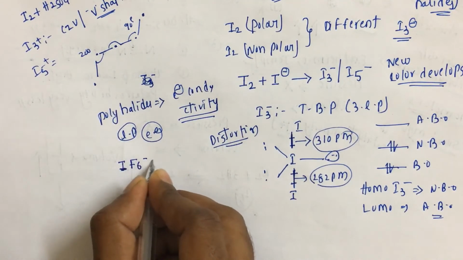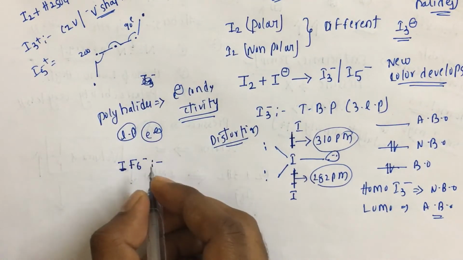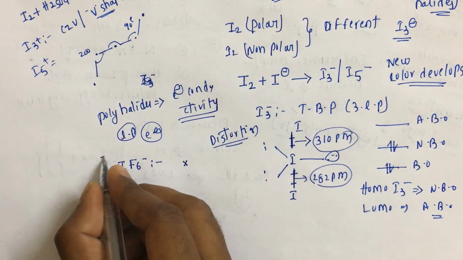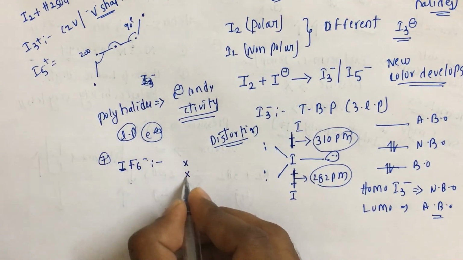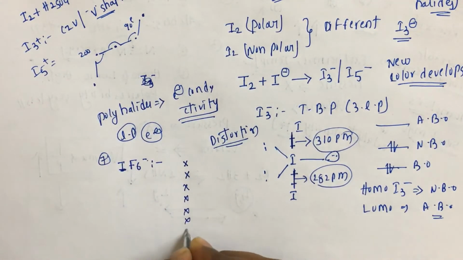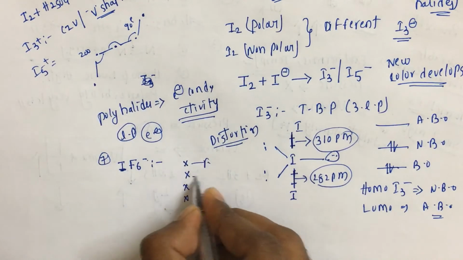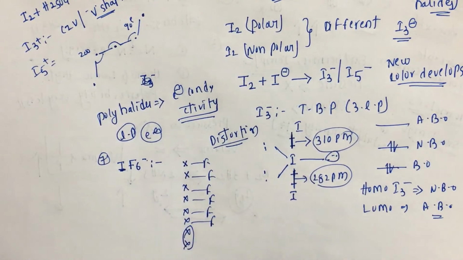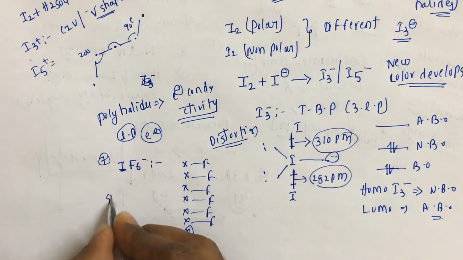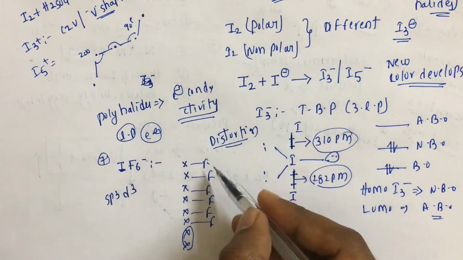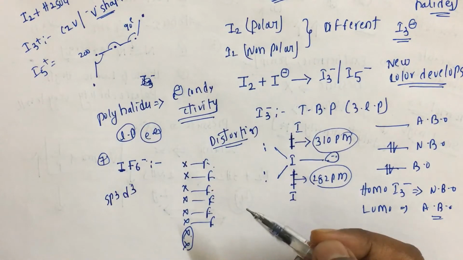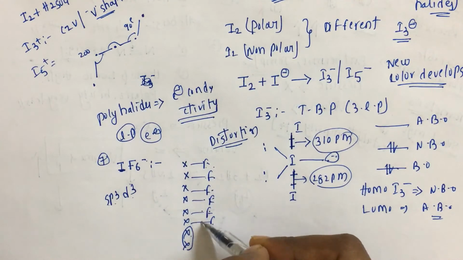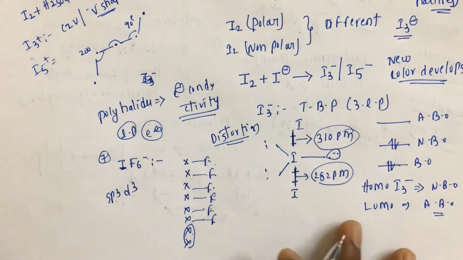So IF6-, what is the shape of IF6-? First we will calculate the hybridization for it. This is a 7th group element, and with the negative charge it will be 8 electrons. 6 fluorines are bonding, and 1 lone pair is there. So this has sp3d3 hybridization, because there are 7 orbitals in total, 6 bonding and 1 lone pair.